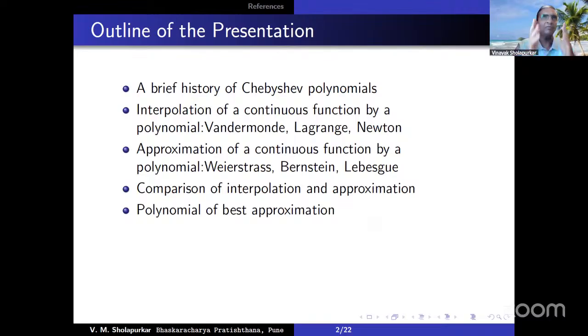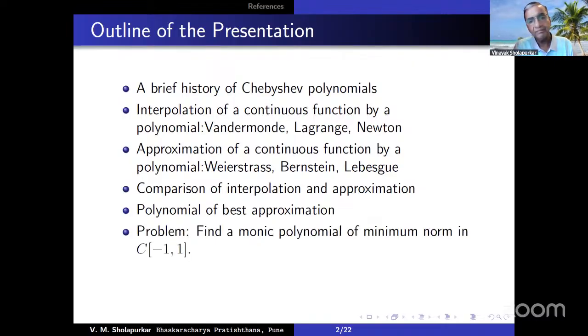That means norm of f minus P star is minimum. So among all other polynomials of degree less equal n, this polynomial goes closest to the given continuous function. So here we not just want to approximate by polynomial, but by fixing the degree, in that finite dimensional subspace, we want to approximate the continuous function in the best possible way. So we'll come to this concept of polynomial of best approximation.